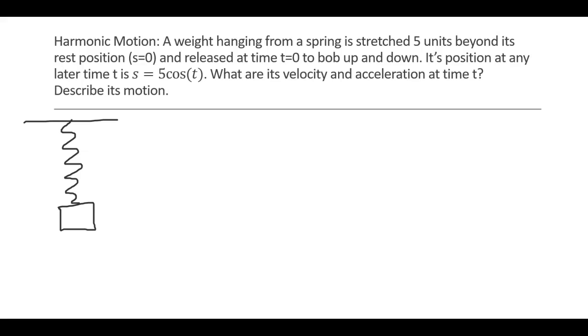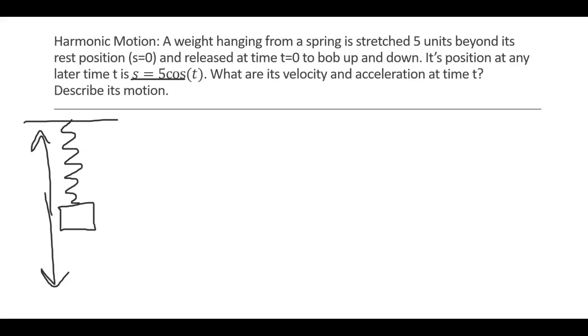And then we pull that spring so that this weight is going to move up and down in this harmonic motion. It's going to move so many units up and so many units down. The amount of units it's going to move relates to its position function.